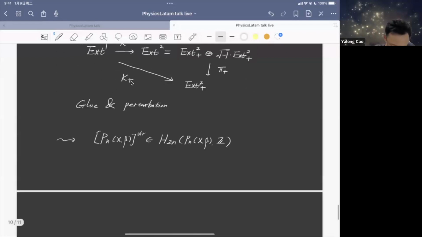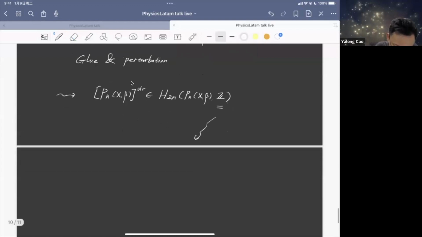Okay, so I want to say that to make this integer coefficient, you need some orientability. This orientability is about this determinant.